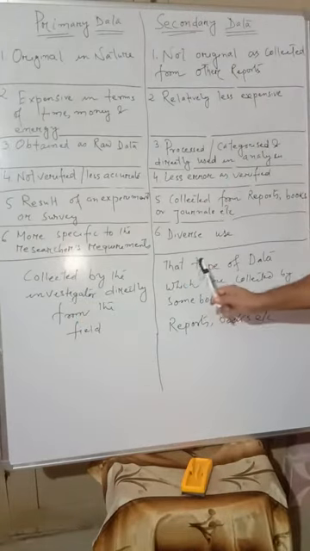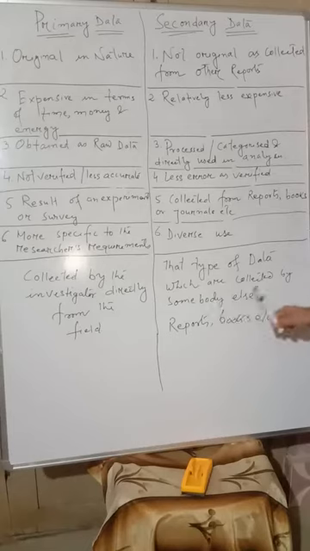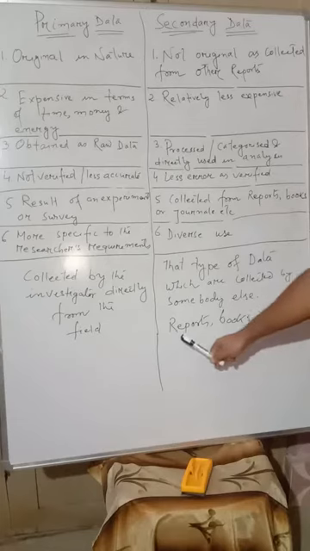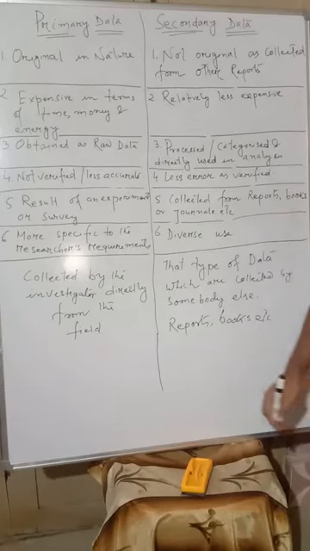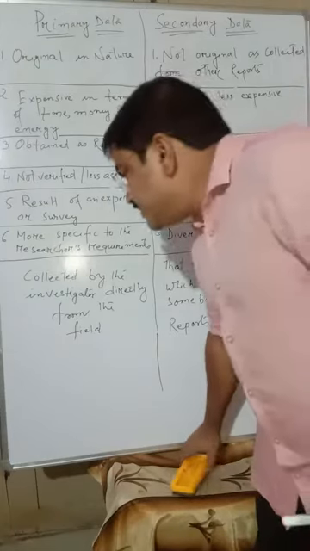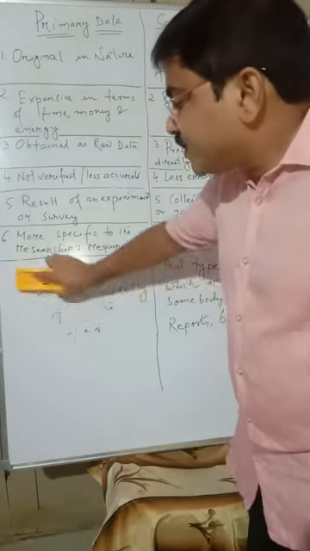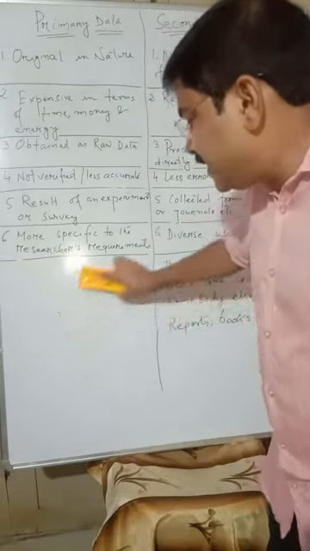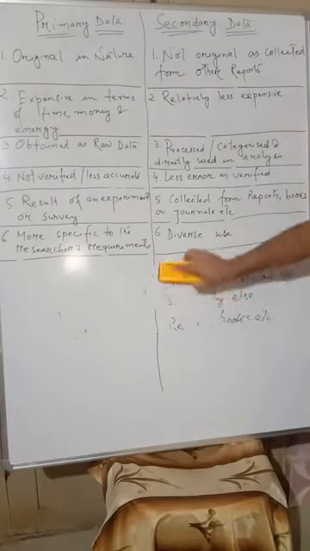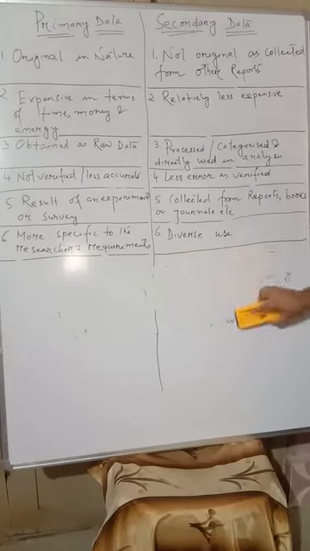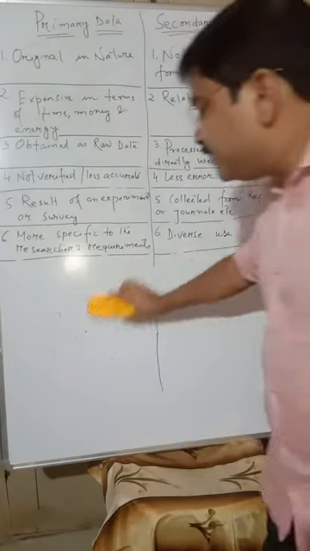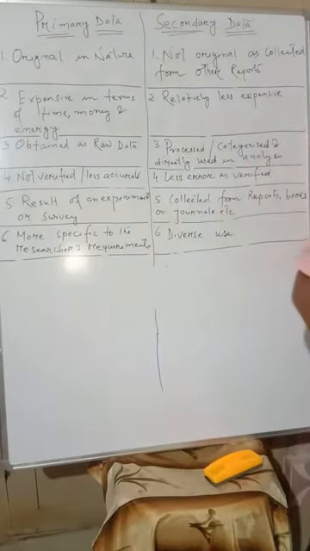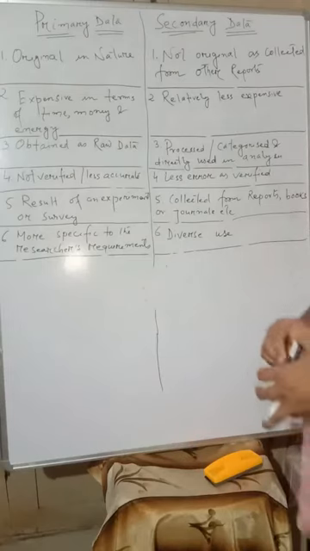Secondary data is that type of data which is collected by somebody else, and according to my purpose, I collect that information from published or unpublished reports, books, journals, and periodicals. At that time it becomes secondary data. So this is the basic definition and meaning of primary data and secondary data.